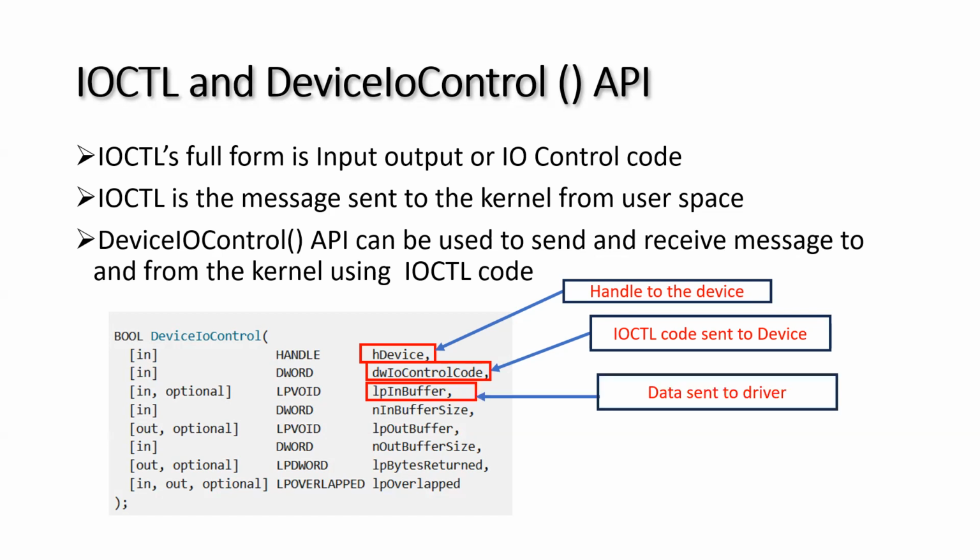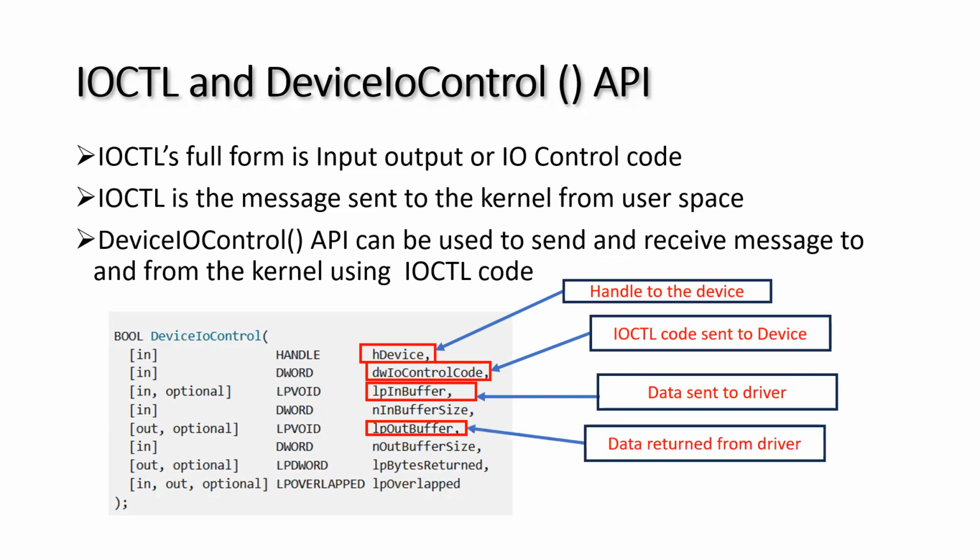Next is the input buffer. This buffer can be used to send data to the driver, which is in kernel mode, so the data can be sent from user mode to kernel mode. Then there is the output buffer. This is the data that is returned from the driver to user mode.